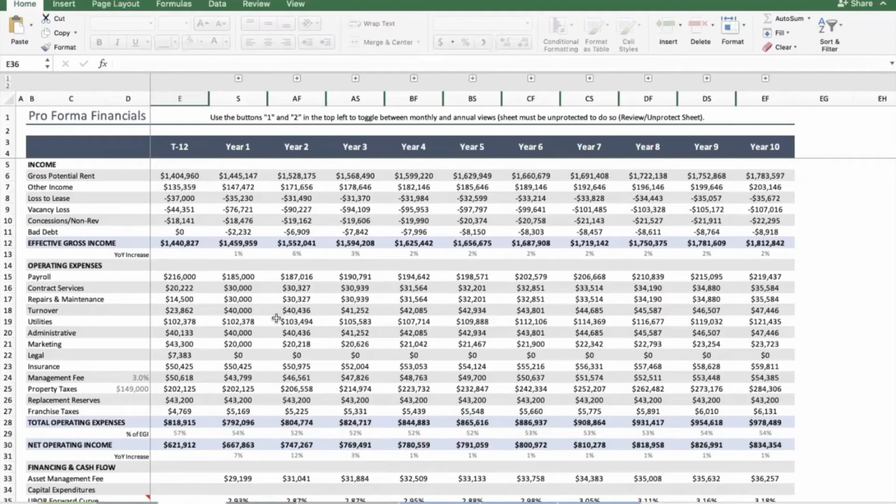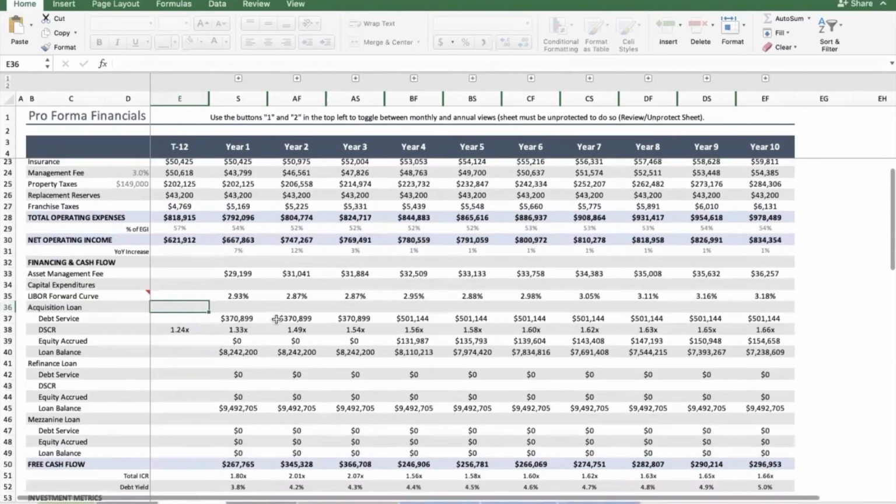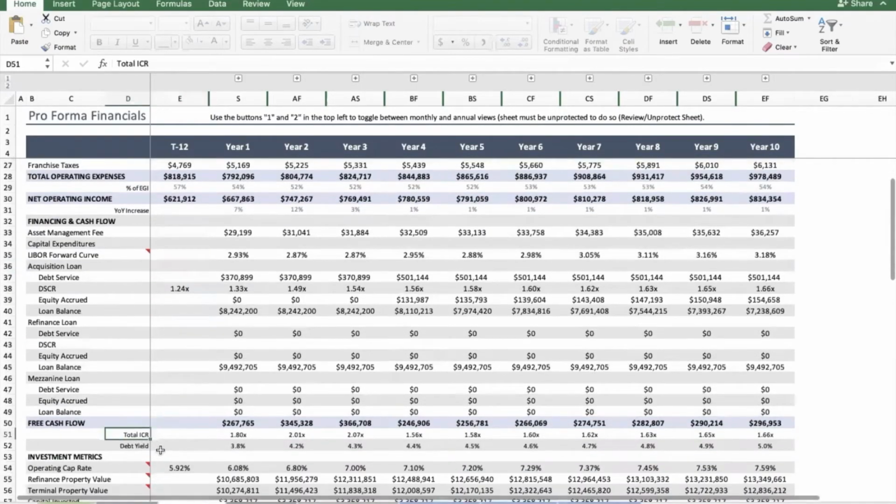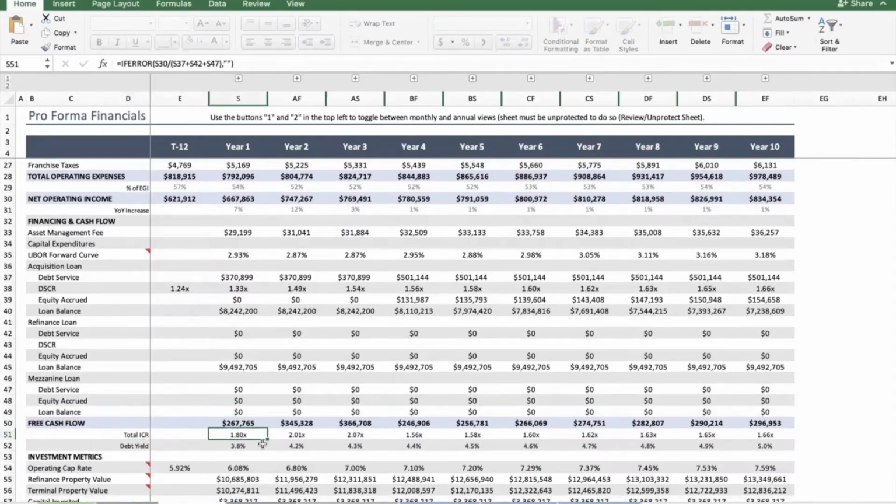So you can't calculate your DSCR based on your going-in interest-only payments. Because if you do that, you might say, for example, here I've got total ICR, which is interest coverage ratio, so just paying on my interest, I've got a going-in 1.8. That's terrific. Right, you're not paying down the mortgage for the first 3 years.